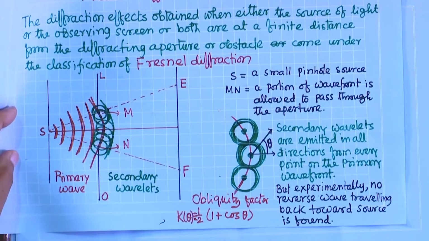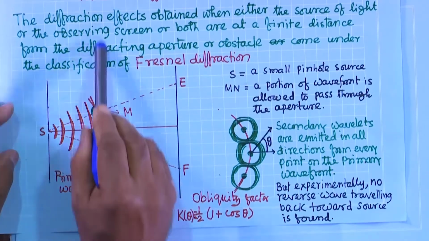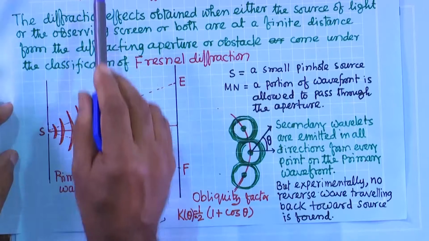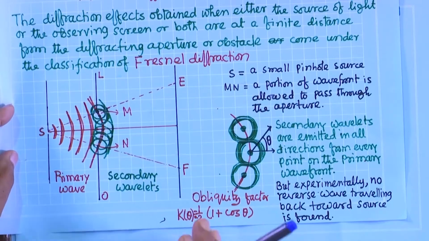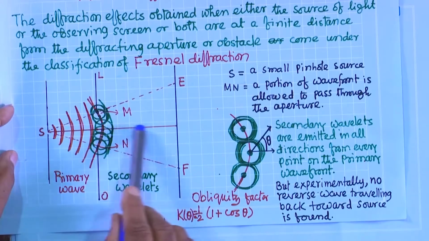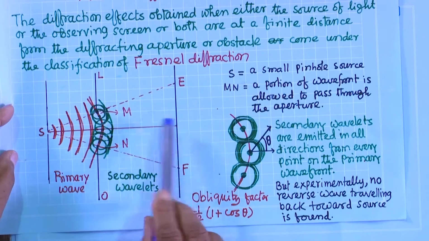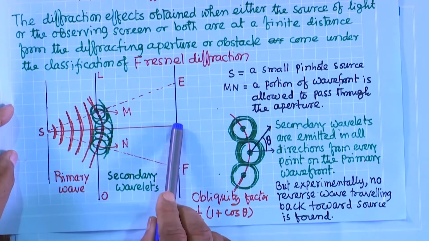this factor will be half. That means for light going in this direction, the intensity will be just one-fourth of whatever the light going this side, where theta equals 0.